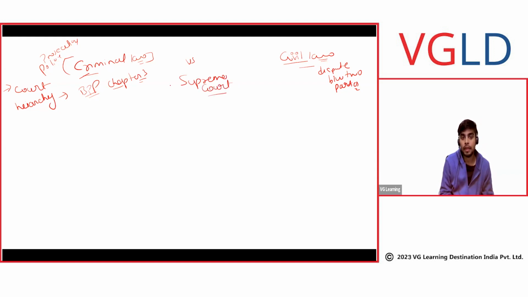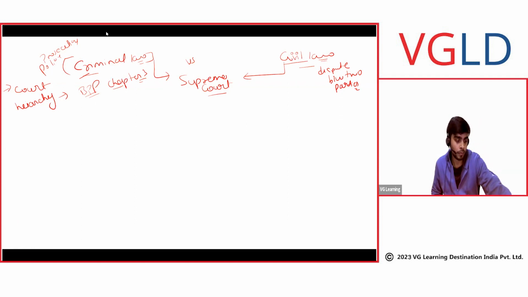In a criminal case or a civil case, we have the Supreme Court, which governs both civil and criminal cases. It's just that it will have two divisions: one taking care of criminal cases, and one taking care of civil law cases.